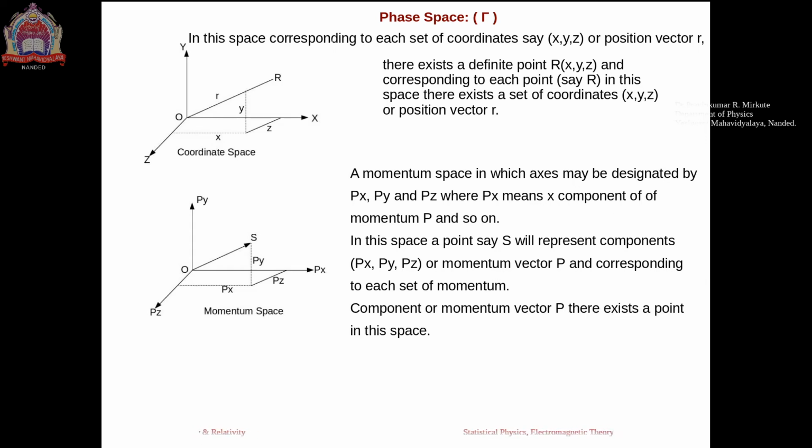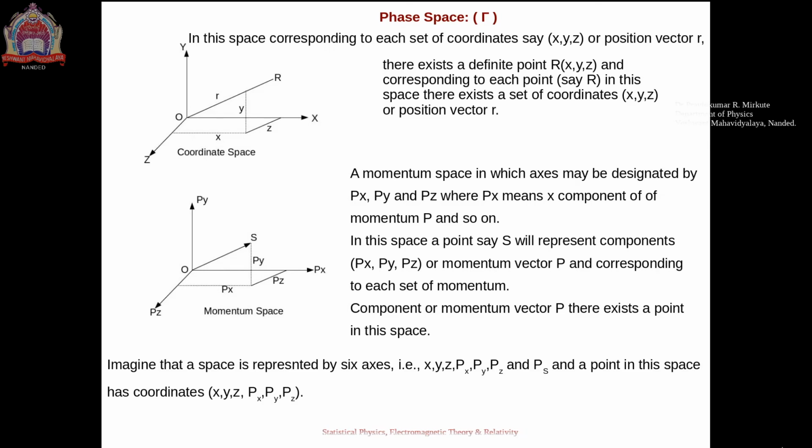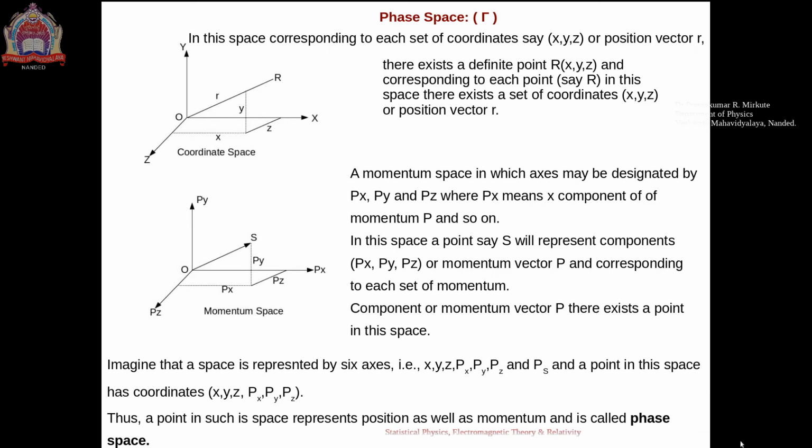For each set of momentum components or momentum vector P, there exists a point in this space, and these are the imaginary axes x, y, z, px, py, pz, and a point in the space has coordinates x, y, z, px, py, pz. Thus, a point in such a space represents position as well as momentum and is called phase space.